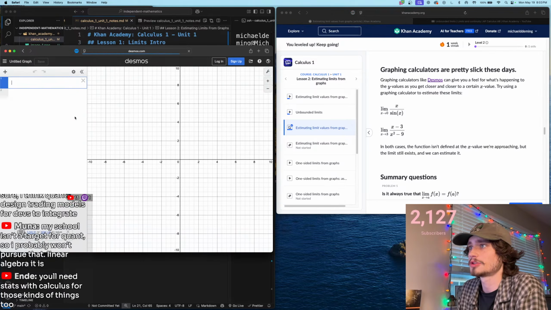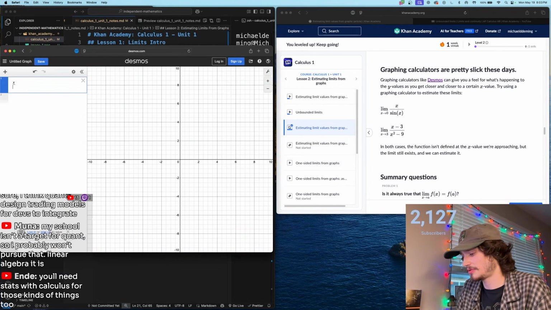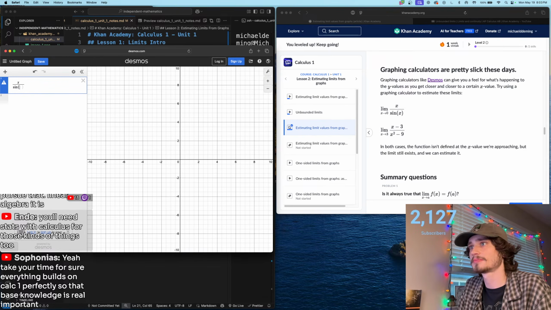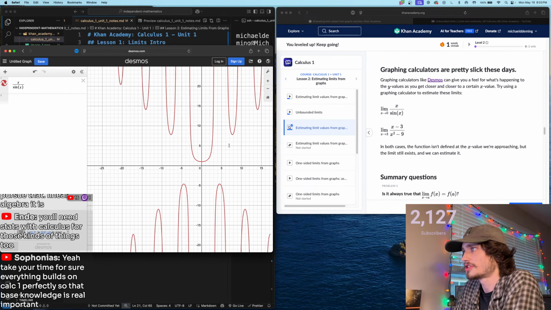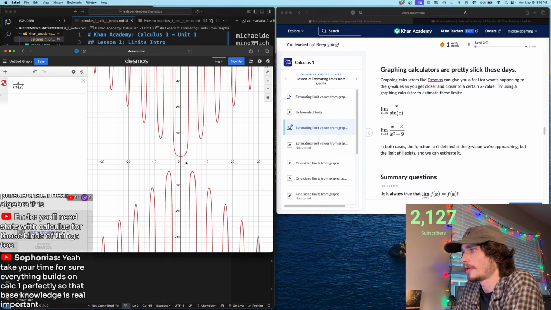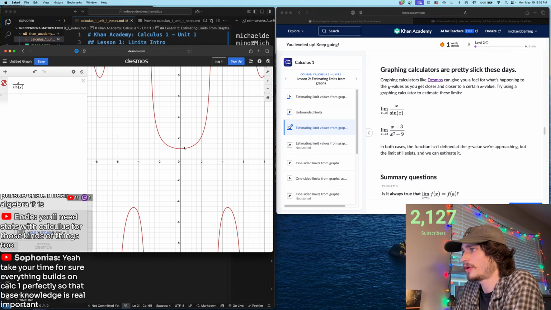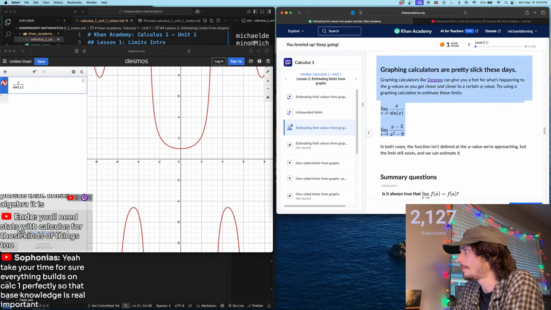And we're going to try to evaluate x divided by the sine of x. So this is this function here. And as we approach 0, we converge on 1, right?